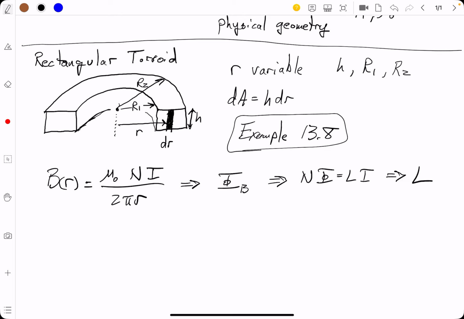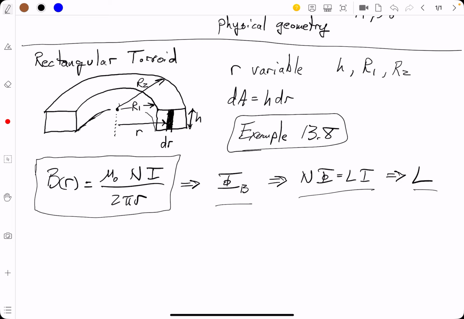So in the end, we're going to go from a known B field, that, again, we could figure out that that's the B field if we really want to. Probably should have, like, last chapter or whatever, but just take my word for it. That's it. And we're going to move on. So that's our B field. We're going to get our flux, and then we're going to take this equation and get our inductance. All right, so those are the steps.